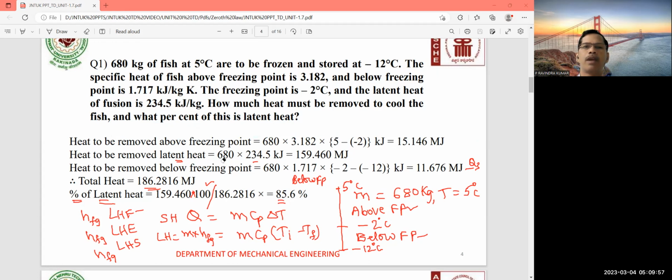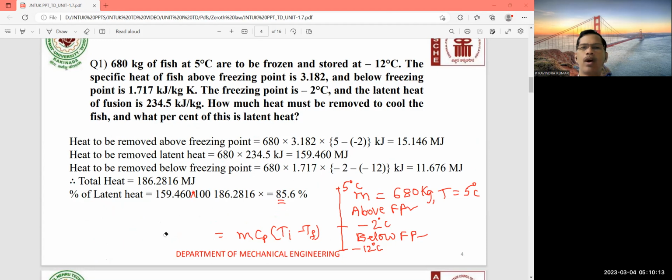Based on that, whether heat is to be added or removed, and what kind of heat it is, whether latent heat of sublimation, fusion or evaporation, connected to that you have to solve the numerical problem.